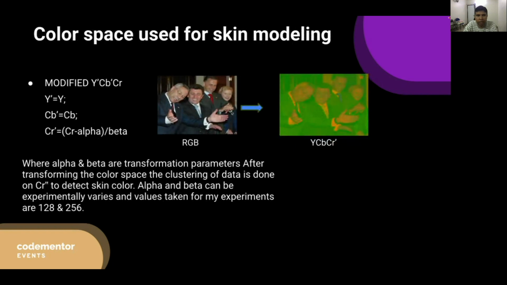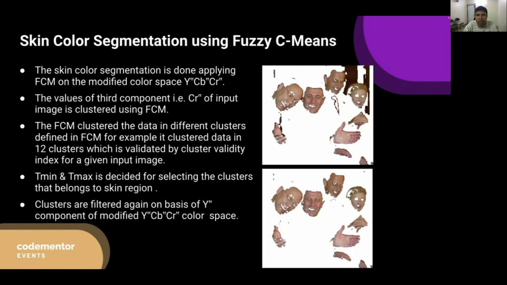If we see this formula, we have modified the Cr dash to ensure we do not miss the skin pixels anywhere. That's the main criterion, because skin pixels can vary. That's why we use the clustering algorithm, and it is intelligent in that we are not hard coding any data, because fuzzy means a pixel can belong to the first cluster or the second cluster.